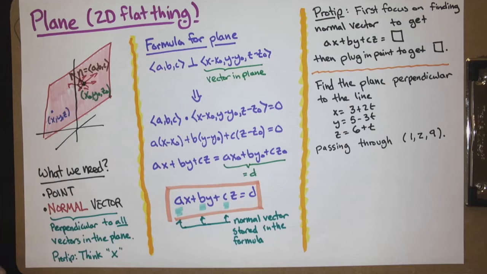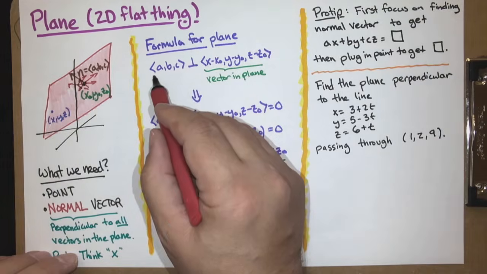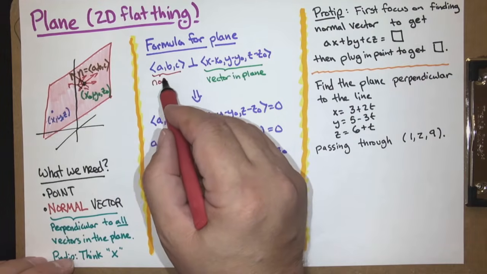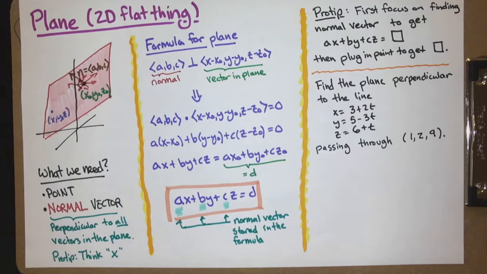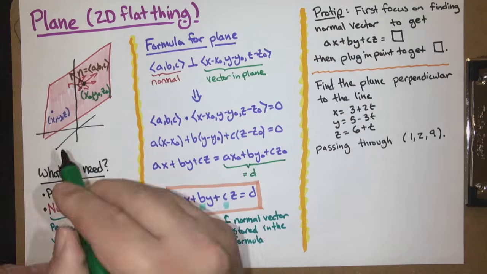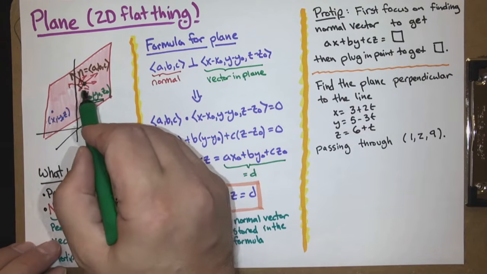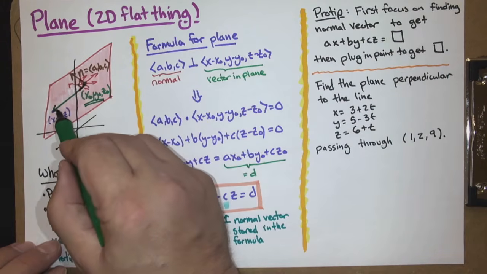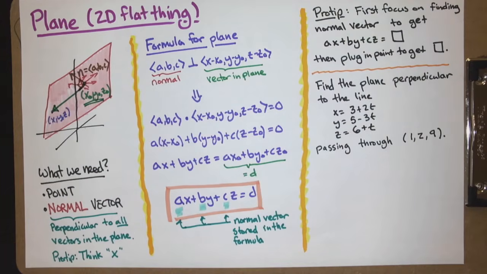All right, so now that we have this idea that we have a normal vector, so here this ABC is representing our normal vector, and it's perpendicular to anything in the plane. Well, suppose I look at a very particular vector. So I have my initial point, x naught, y naught, z naught, and now here's some arbitrary point in the plane, x, y, z. I take the vector connecting those 2 points, x minus x naught, y minus y naught, z minus z naught.